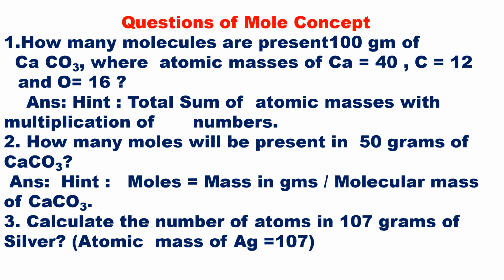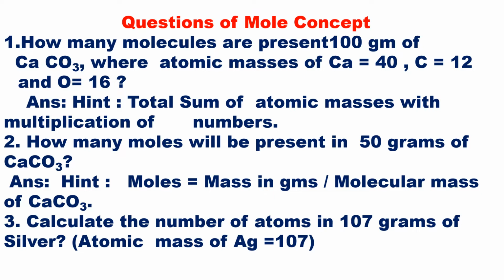First you calculate the molecular mass in all, that is CaCO3, which you can take 40 plus 12 plus 16 into 3, and by taking it we have to take in 100 grams. So, this is a gram molecular mass which will come by the calculation and will be equal to 1 mole. So, how many moles will be there in 100 gram, we can calculate it. So, you can have a practice of it.